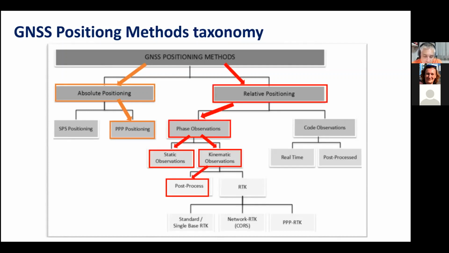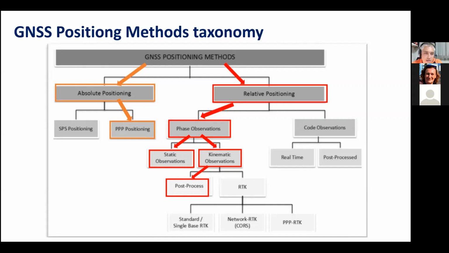On the other side, there is relative positioning, providing the best quality results for geodetic purposes, only if phase observations in addition to code observations are used, and there are two feasible solutions: static observations, which provide the best quality solutions, and of course kinematic observations, both static and kinematic in post processing.